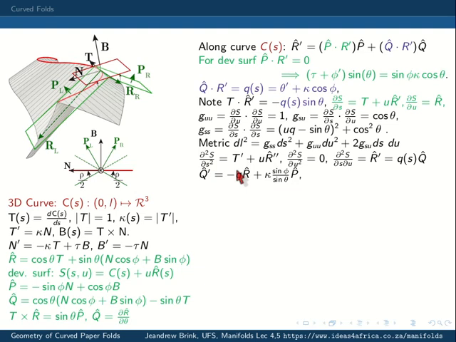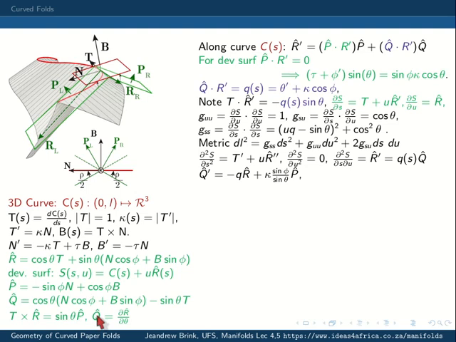Is it wrong to just say that the derivative of q hat is just the second derivative of r hat in terms of beta, because of the last line in the previous slide where we said that q hat is just... No. Because q depends on both theta and phi.